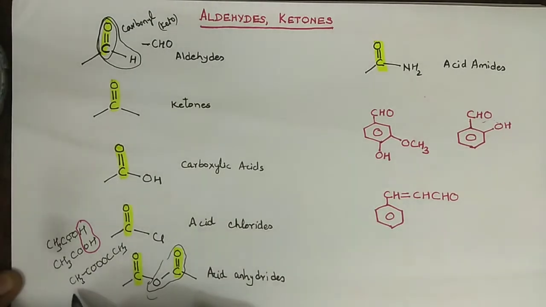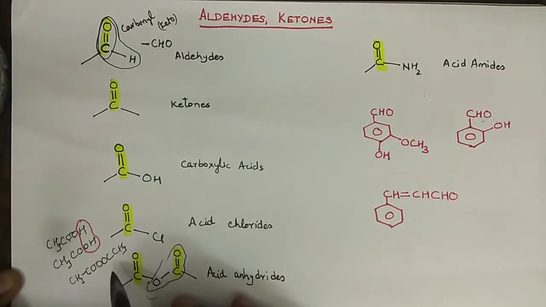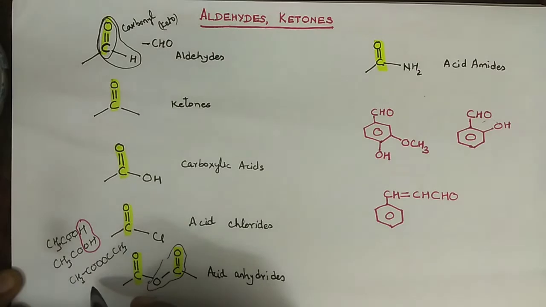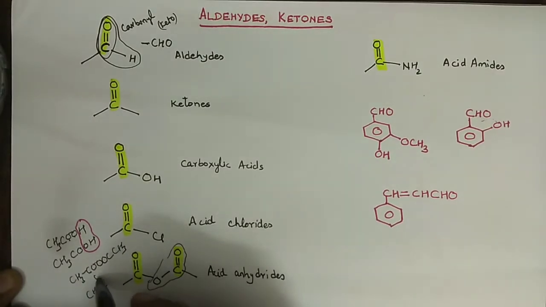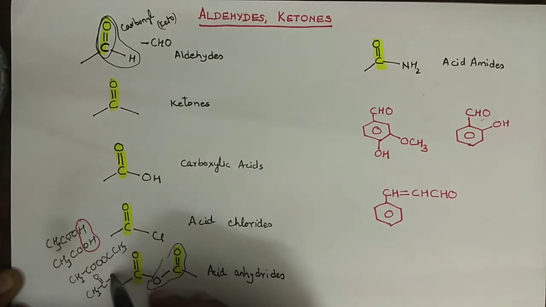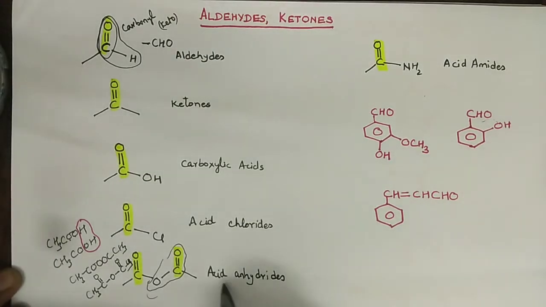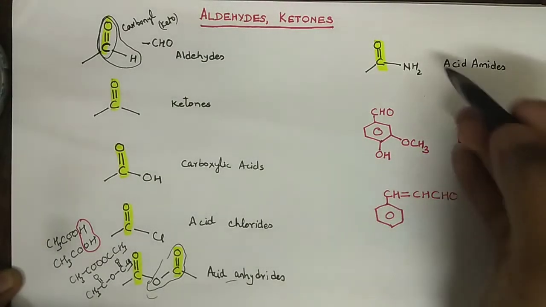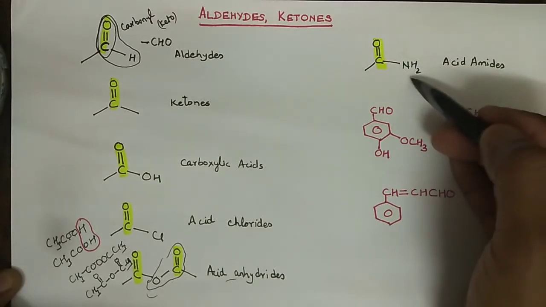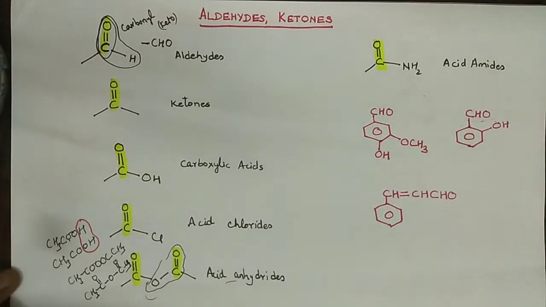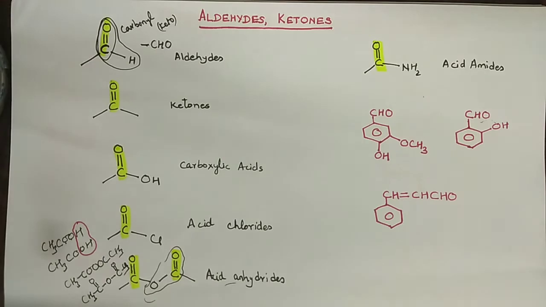This is called acetic anhydride. How is it going to look? It's very simple. This carbon has a carbonyl group and is then attached to oxygen. This carbon also has a carbonyl group attached to a methyl group. So this is acid anhydride. And if an NH2 group is attached, then it is called acid amides. I hope it is very clear to everyone.